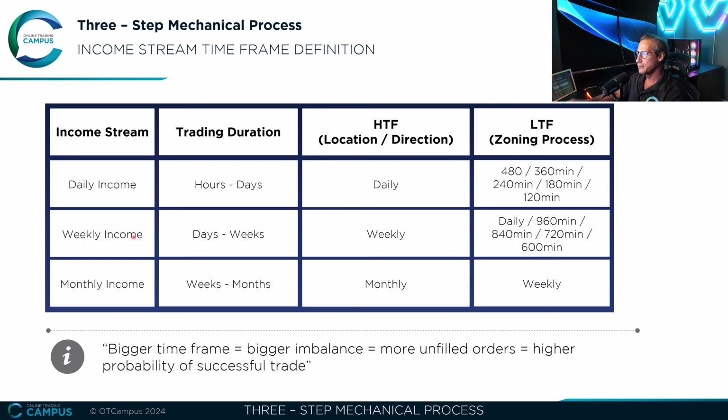And then you have weekly and monthly income, where trades last from days to months, or maybe from weeks to months. And here we use for the higher time frame the weekly and the monthly chart. So when we look at location, our higher time frame location and direction, whether price is cheap or expensive or in equilibrium, we're going to use a weekly and a monthly chart.